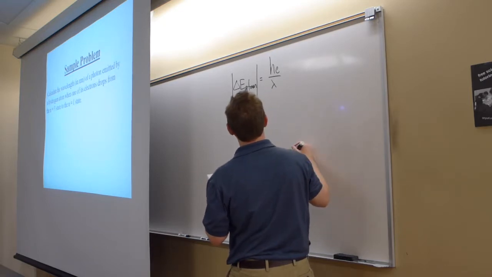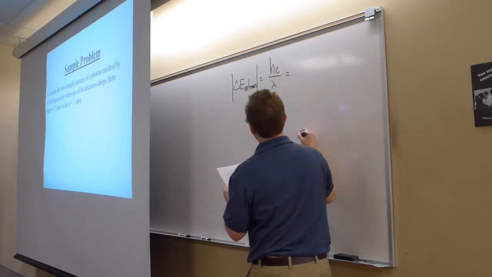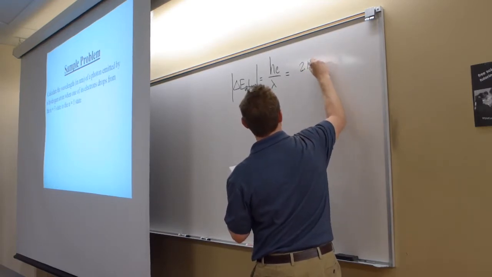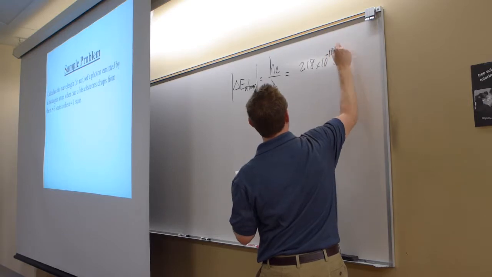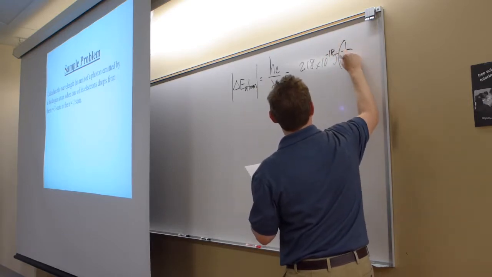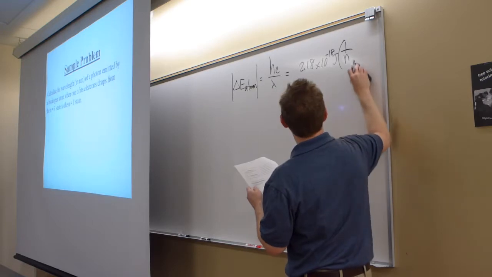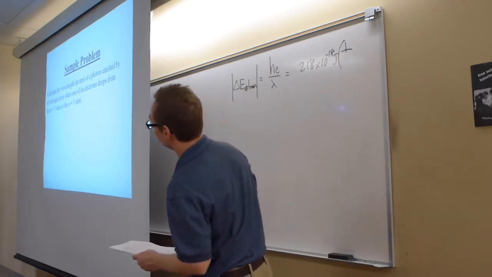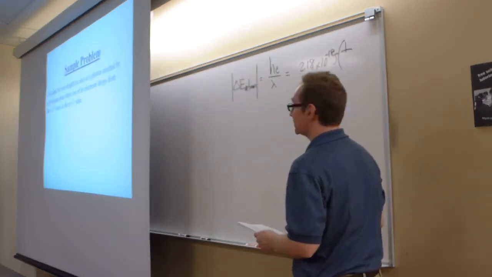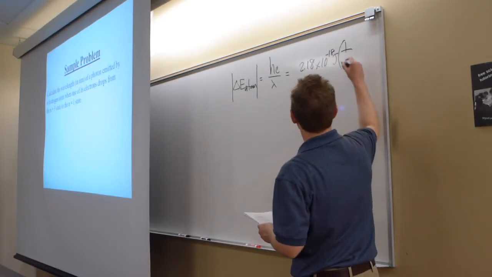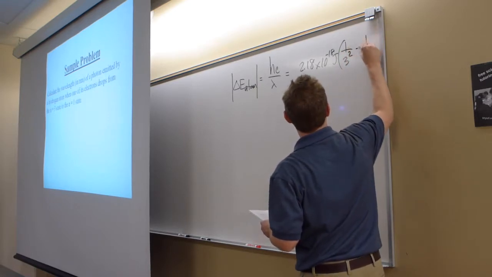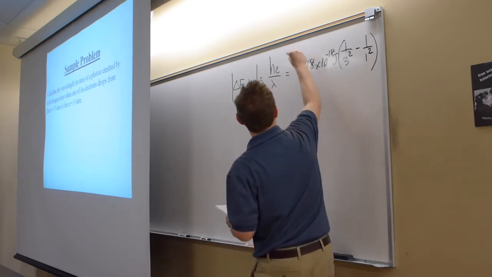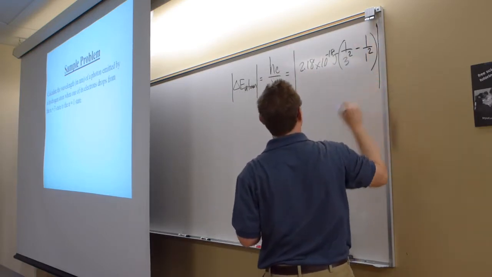And we know that that's equal to 2.18 times 10 to the minus 18th joules times 1 over n initial squared minus 1 over n final squared. What's n initial? It drops down from 3 to 1, so what's our initial state? It's going to be 3. So it's going to be 1 over 3 squared minus 1 over 1 squared. And we will take the absolute value of that answer.